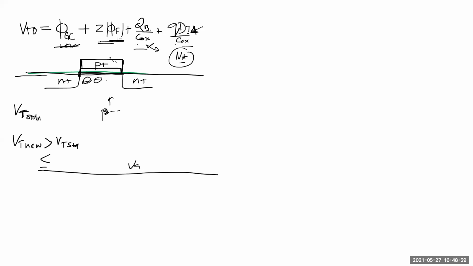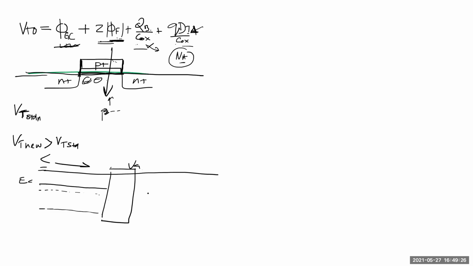I'm going top to bottom, but drawing left to right. So you have your oxide here, and initially this was your n plus, right? So n plus means, let's say this was your conduction band, and n plus is very close to here, and that's your valence band.